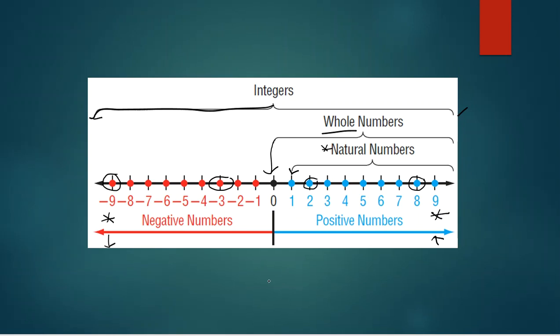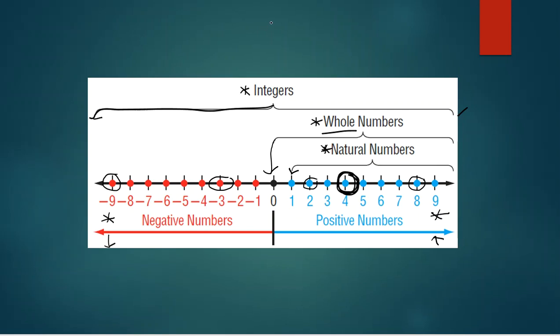Now, some numbers can be classified in more than one system. So for example, let's say we pick the number 4. We would say that 4 is a natural number, 4 is also a whole number, and 4 is also an integer.